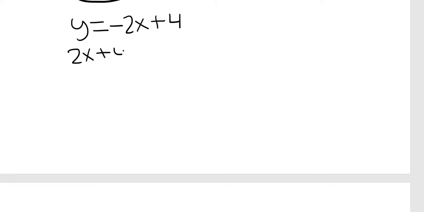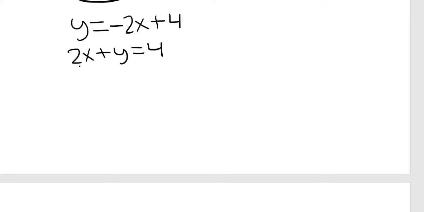So let's say you have a situation where you have y equals negative 2x plus 4, and you also have 2x plus y equals 4.